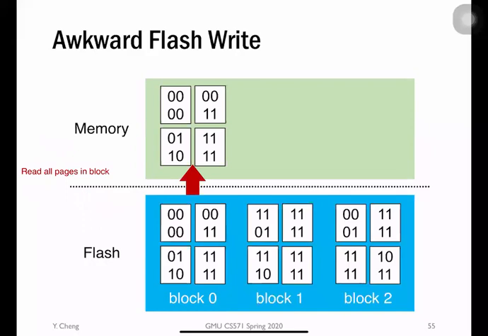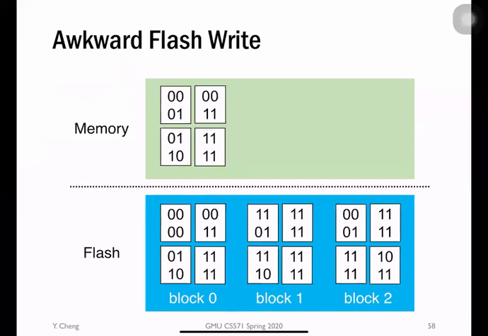And then the second step is to perform this fine-grained update, which only targets the very first page, page 0. Recall that the new data is 0001, so you just flip the fourth 0 into 1. So in this step, you modify the target page in memory.